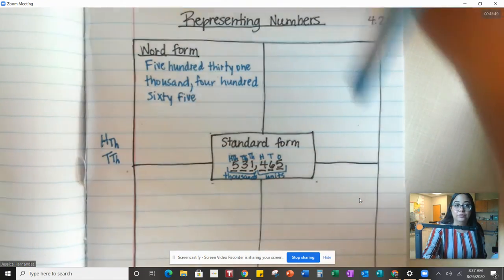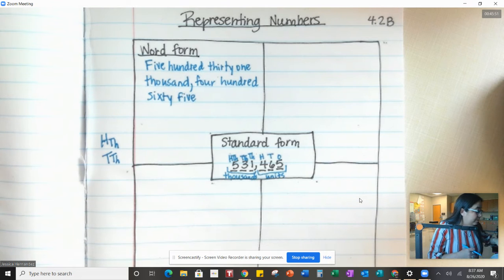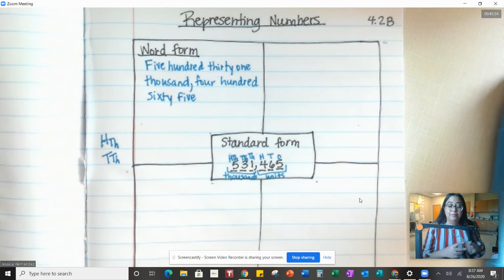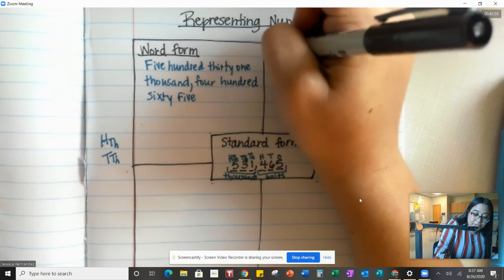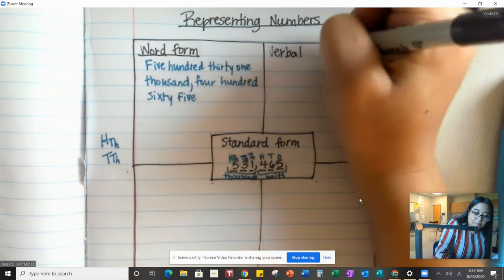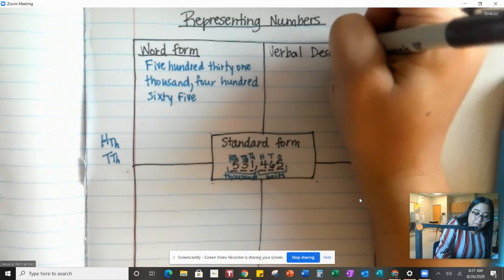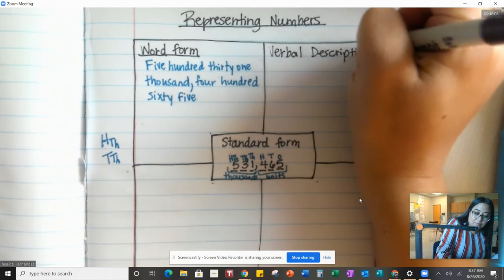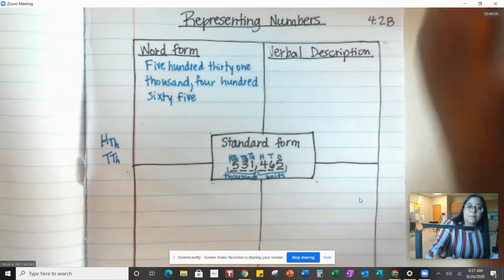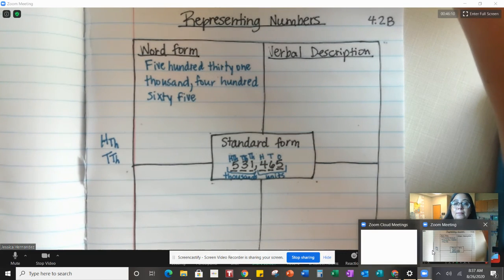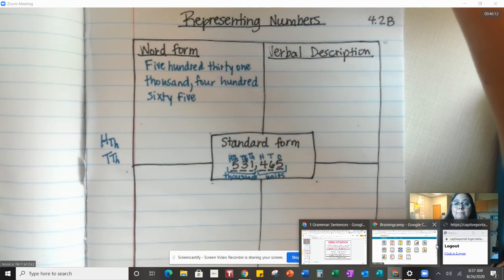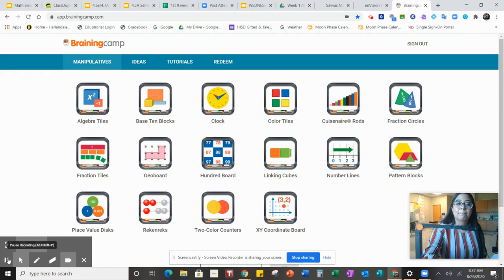Next, we're going to go to representing it a different way. So now we're going to represent it using a verbal description. And this is where I'm going to bring in my place value discs.